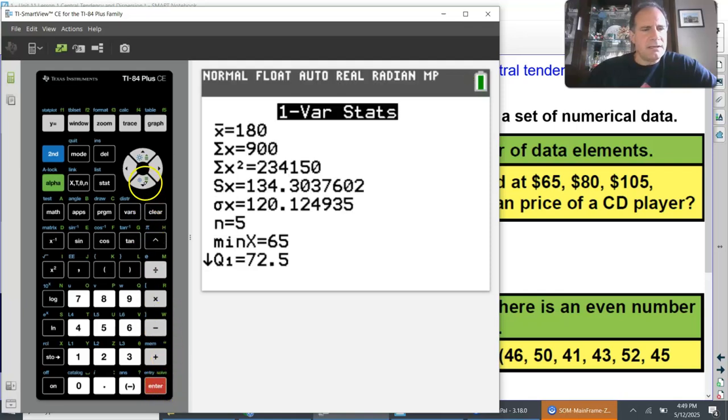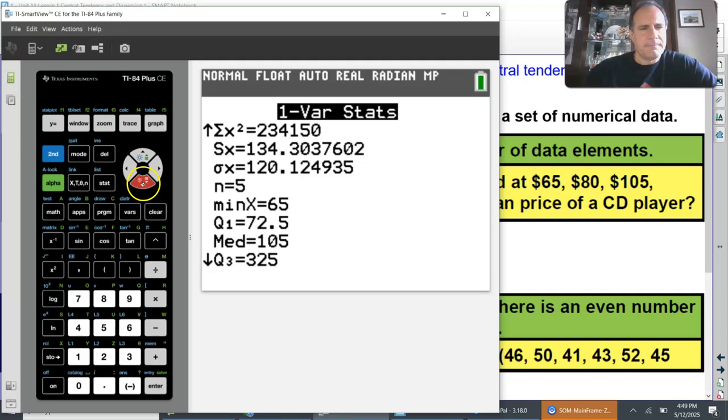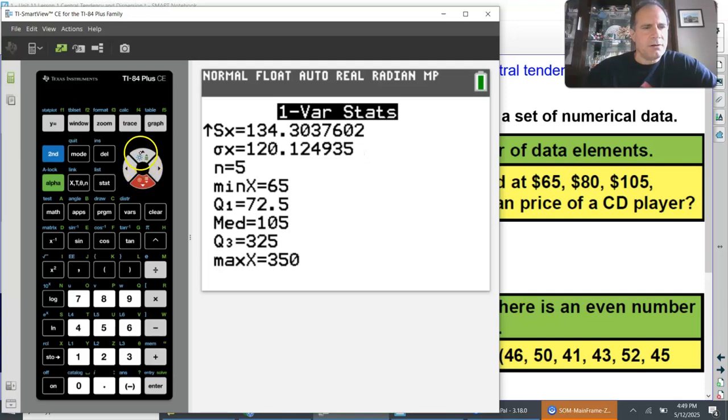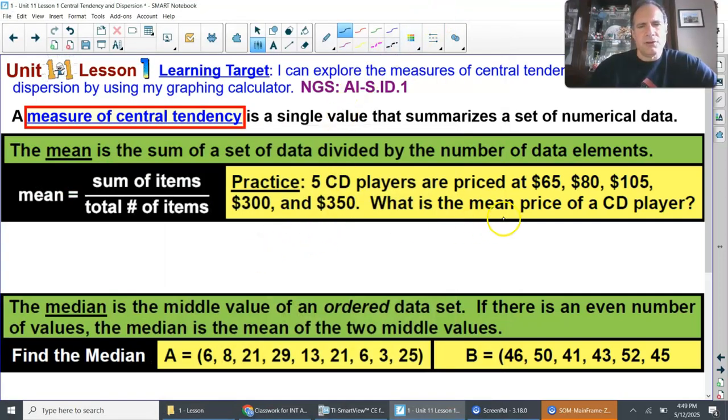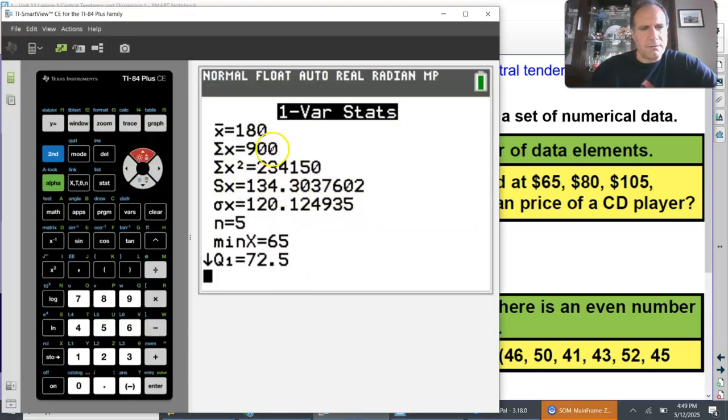And then on the top right there, it says x with the line on top. There is your mean. So what is the mean price? x with the line on top equals 180.